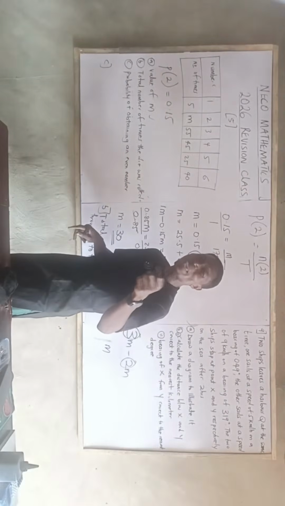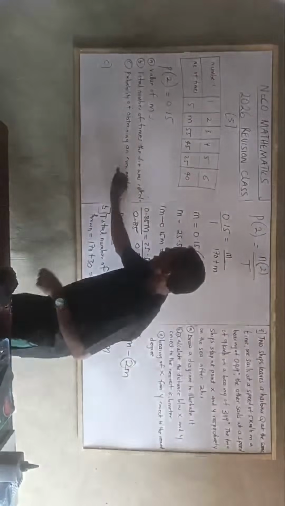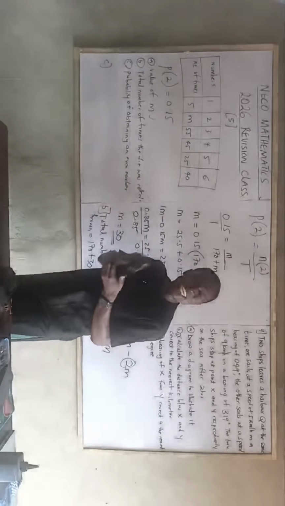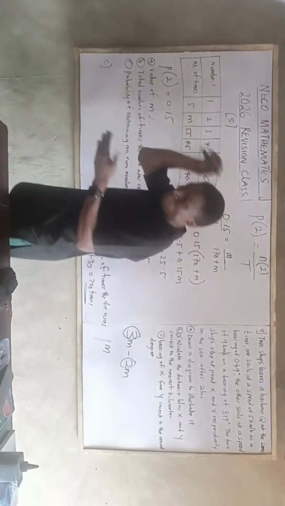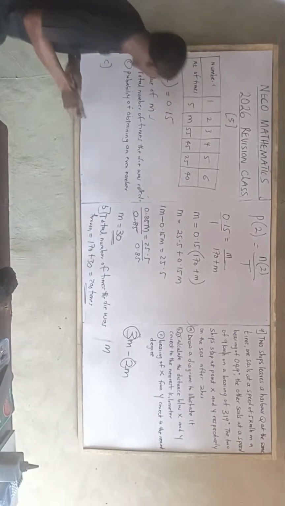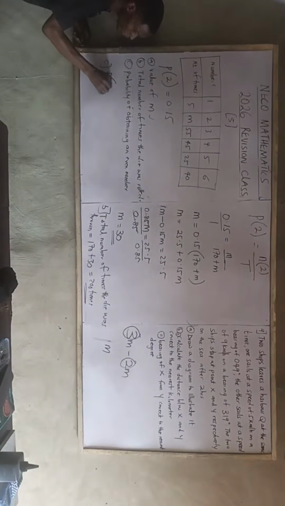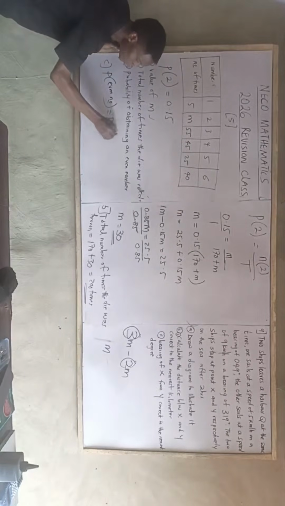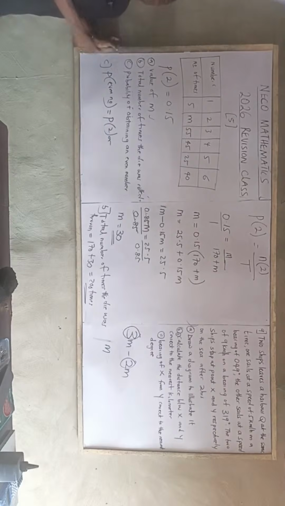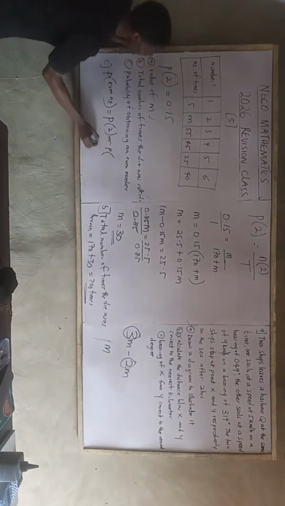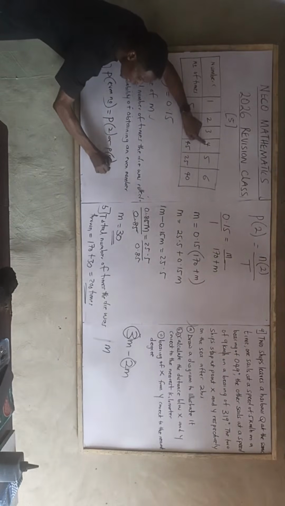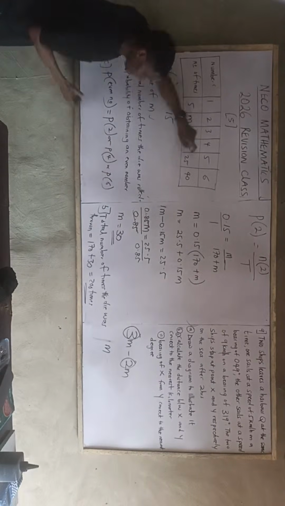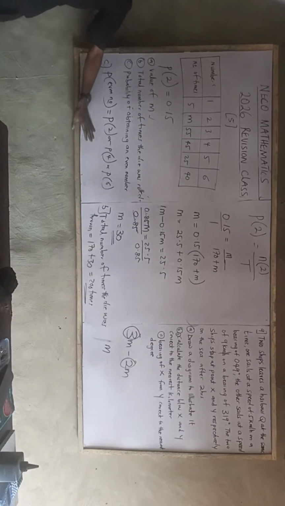We are not asked to pick the three of them, but an even number, so either of the three. So this is how to solve it. Probability of picking an even number equals probability of picking a 2, or probability of picking a 4, or probability of picking a 6. That's how to lay the premises.